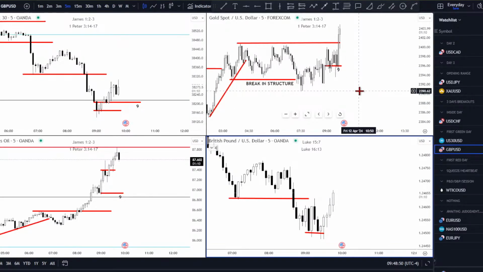Last thing we want to do today is get caught in a parabolic move going the wrong way. That'd be a terrible way to end the week.